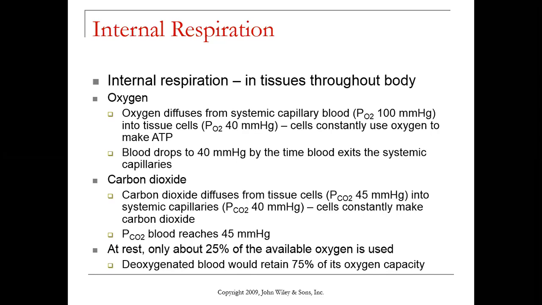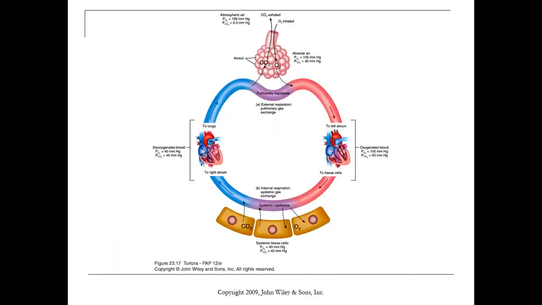It drops from 100 to 75 only. So it means that the oxygenation process in the lungs accounts for only the reimbursement of 25% of the oxygen. So deoxygenated blood has 75% of the oxygen, and oxygenated blood has 100% of the oxygen.